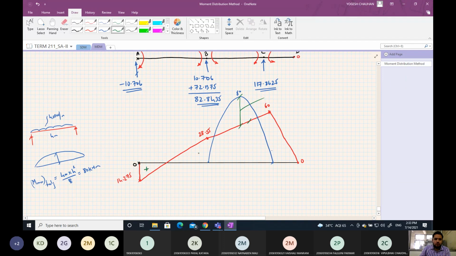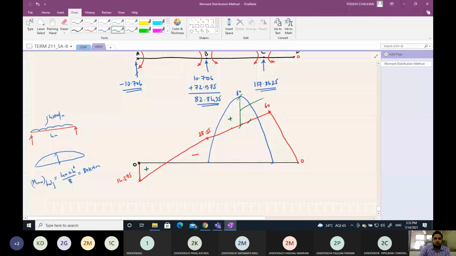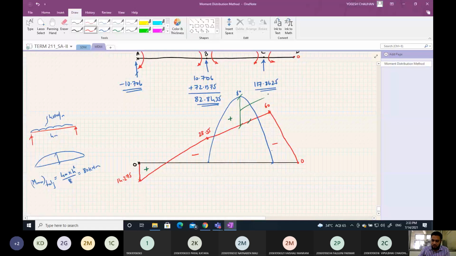Anything above is positive, below is negative. This is positive and this is negative. And this value you have to interpolate: 28.55 plus 60 by 2 deducted from 80. So your positive moment at the mid span will be 35.725. This is your BMD diagram.